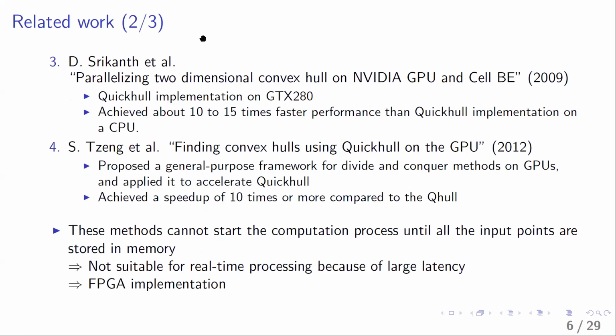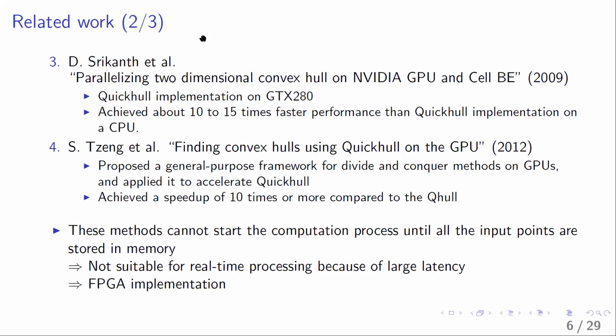In the third work, they implemented the quick hull on a GT280 GPU and achieved 10 to 50 times faster performance than the quick hull implementation on CPU. In the fourth work, they proposed a general-purpose framework for the divide and conquer method on GPU and applied it to quick hull.